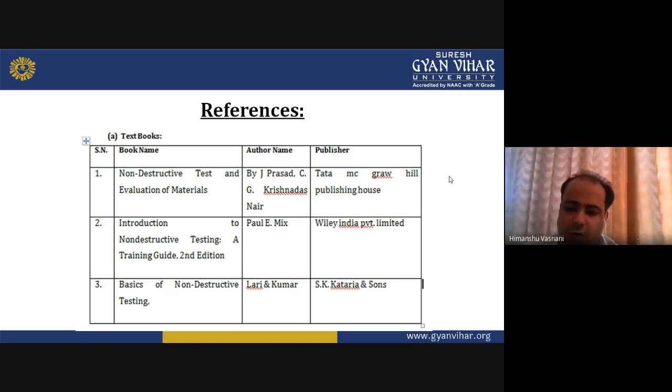So for now, I thank you all for listening to me and having me here. And once again, one important thing: try to understand things by looking at the diagrams also, which will be helpful to you. Okay, and refer to these books.